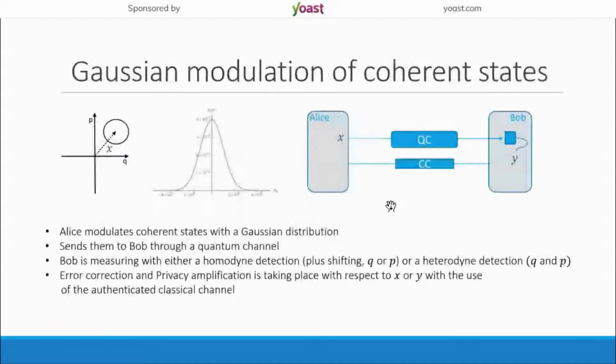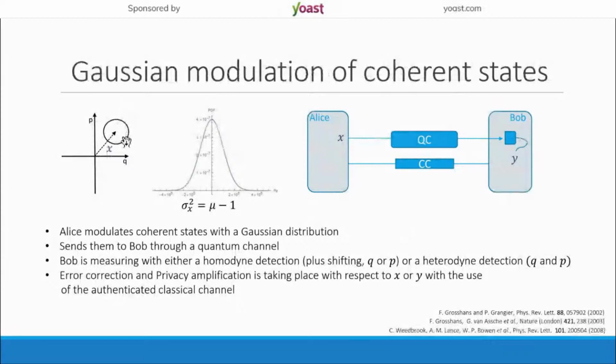So what we basically do, we use this kind of signals, and on their mean value, we apply Gaussian modulation. This is an extra Gaussian modulation. And these signals are sent to Bob through a quantum channel, and Bob is measuring and gets the variable y.